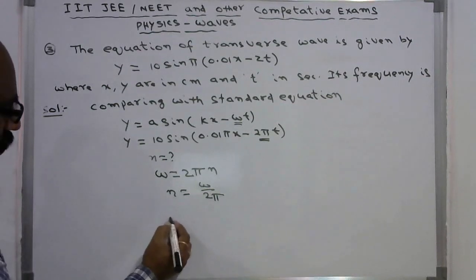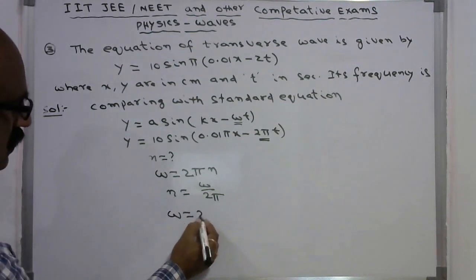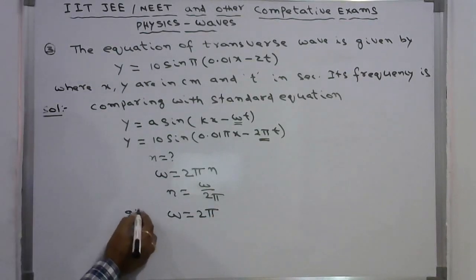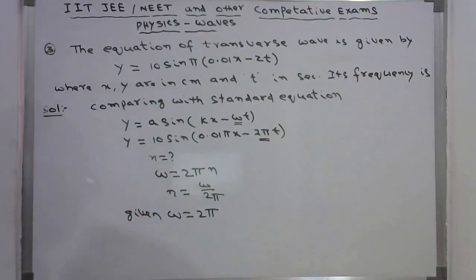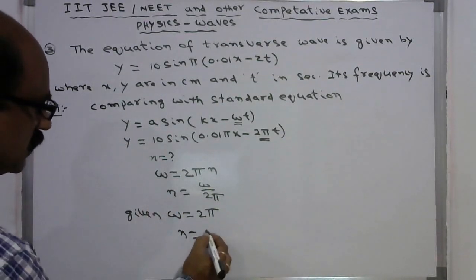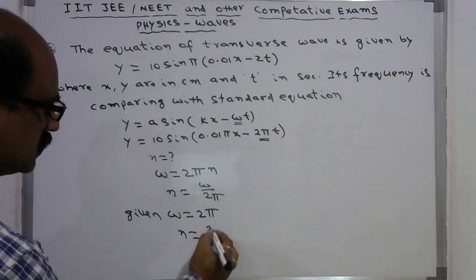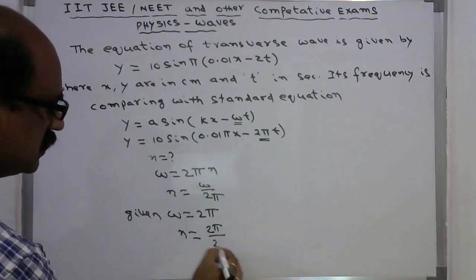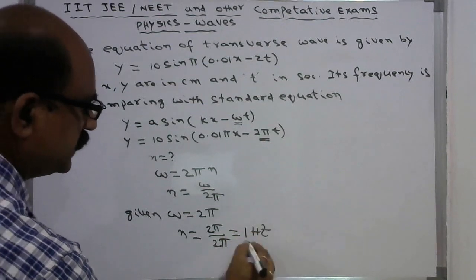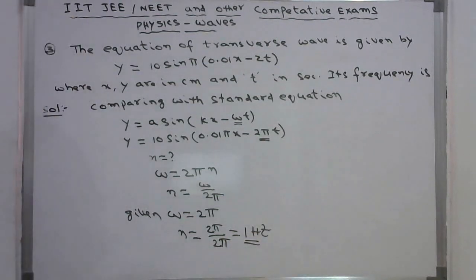So given that omega is equal to 2 pi, and n is equal to omega by 2 pi, therefore you substitute 2 pi by 2 pi, and you will get 1 Hz. So that is the answer for frequency.